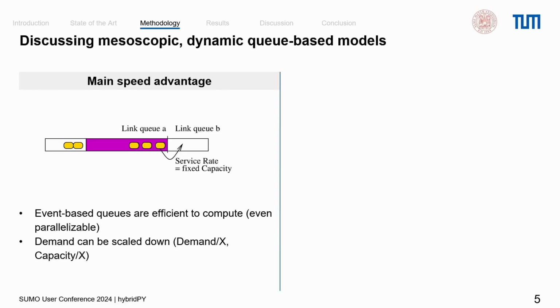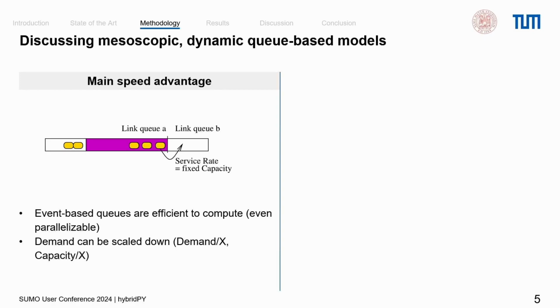And then there is another event-based action, and this is the service rate. The service rate takes, at a fixed average rate, a vehicle out of the queue and puts it to the next downstream edge. This service rate is fixed at the capacity limit, so the capacity limit is predefined or pre-estimated, and defines the service rate.